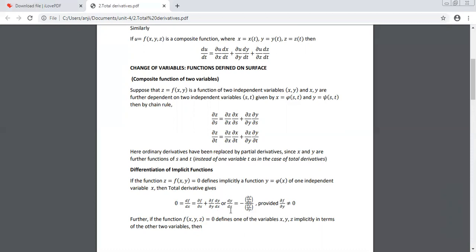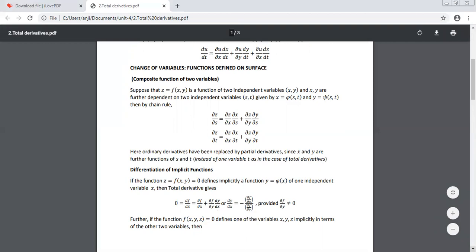So dy by dx equals minus of dou f by dou x by dou f by dou y, provided dou f by dou y is not equal to 0.